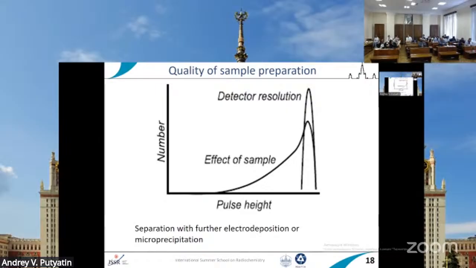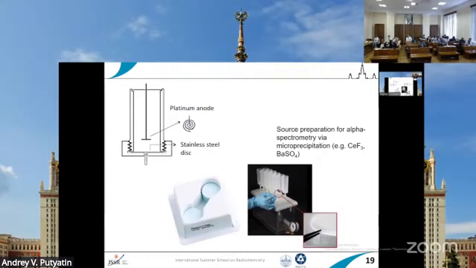To prepare a good, very thin sample, we can normally use two techniques. It is either electrostatic precipitation of our radionuclides on a stainless steel disk or nickel disk or any other metallic disk.